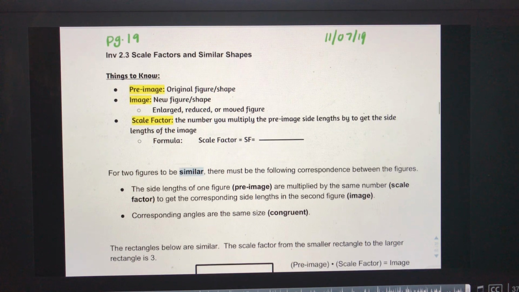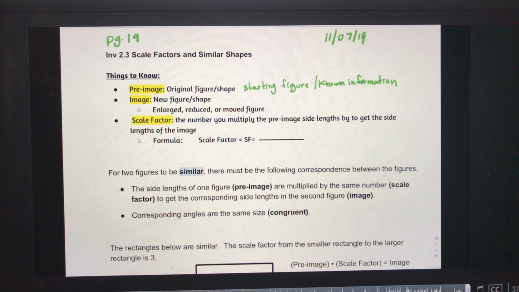Alright, so things to know. We know that the pre-image is the original figure. We've talked about that before. Pre-image is the original figure, the starting figure. That can change based on whichever information you are going from. This is your known information. Sometimes you'll have two figures, and your pre-image is where you're getting information from, and then your image is your new figure, new shape.